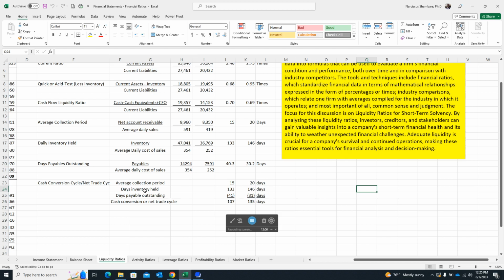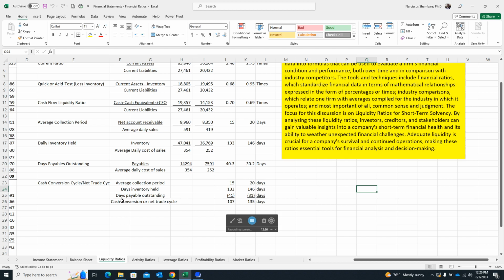Which is also consistent with the days inventory held as well. Inventory turnover improved, and so did the average collection period. That's where the gains are primarily coming from.